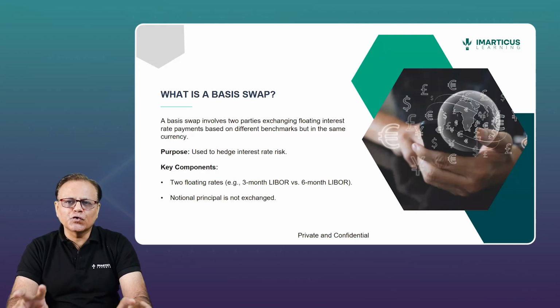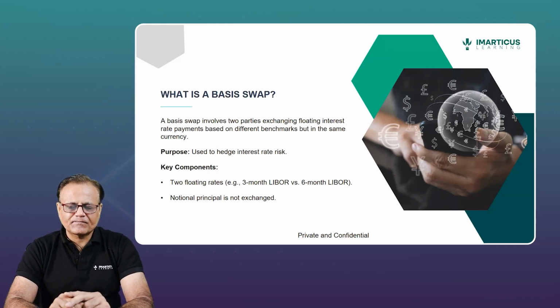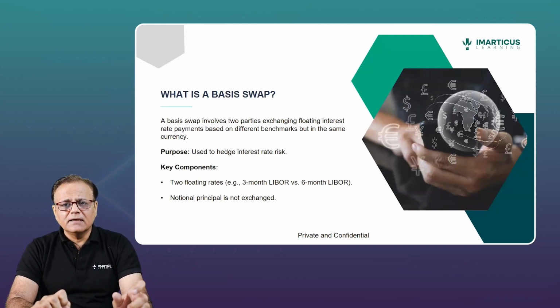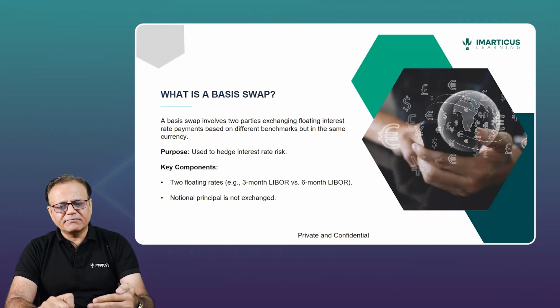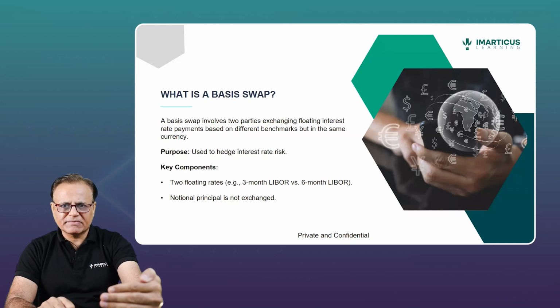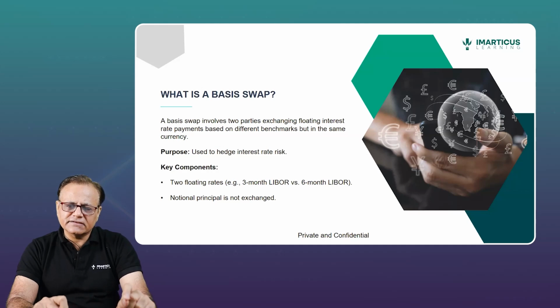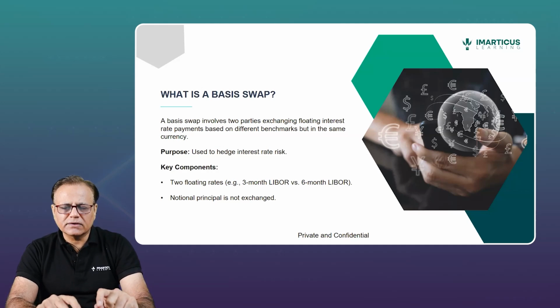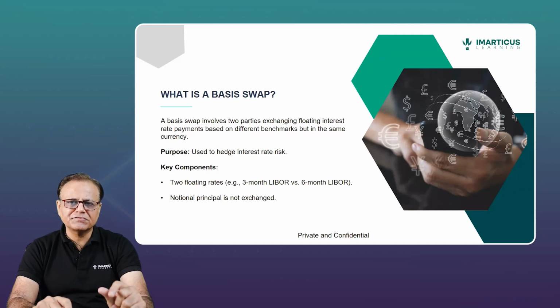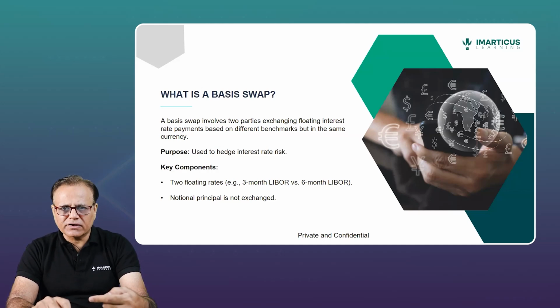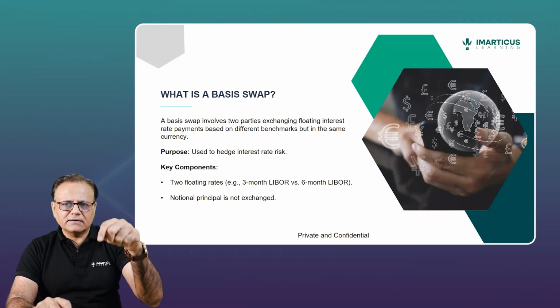If there are two floating rate interests, let's say, of different terms, of course, then there could be a 3-month LIBOR, there could be a 6-month LIBOR, right? So the interest rate is referenced because it's a floating rate, which means that every month or every quarter, whenever the interest has to be paid, that period's interest rate will have to be taken.